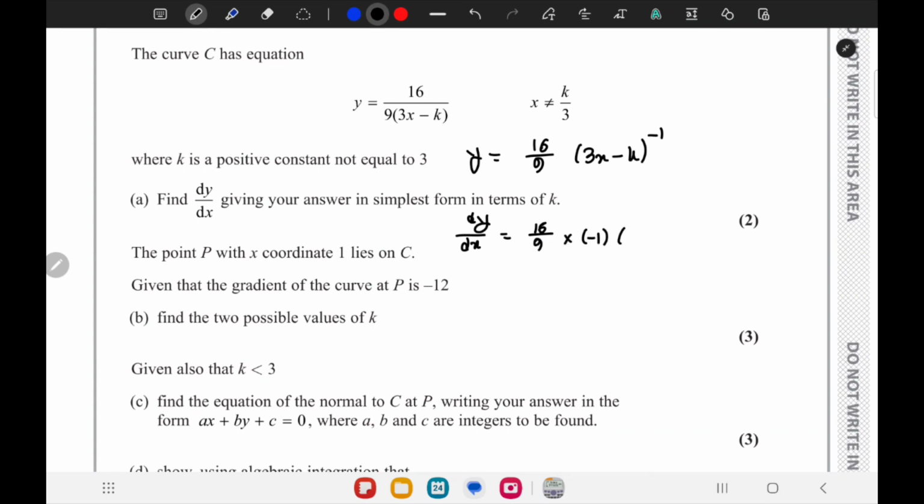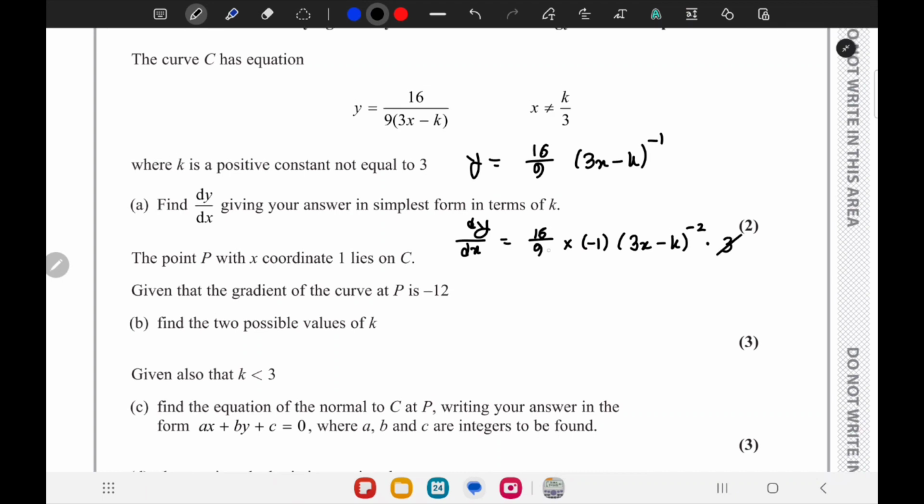Now we have to use the chain rule, so (3x minus k) to the power minus 2 times 3. So this will become 3. We'll have minus 16 by 3 times (3x minus k) to the power minus 2, or minus 16 by 3 times (3x minus k) whole squared.